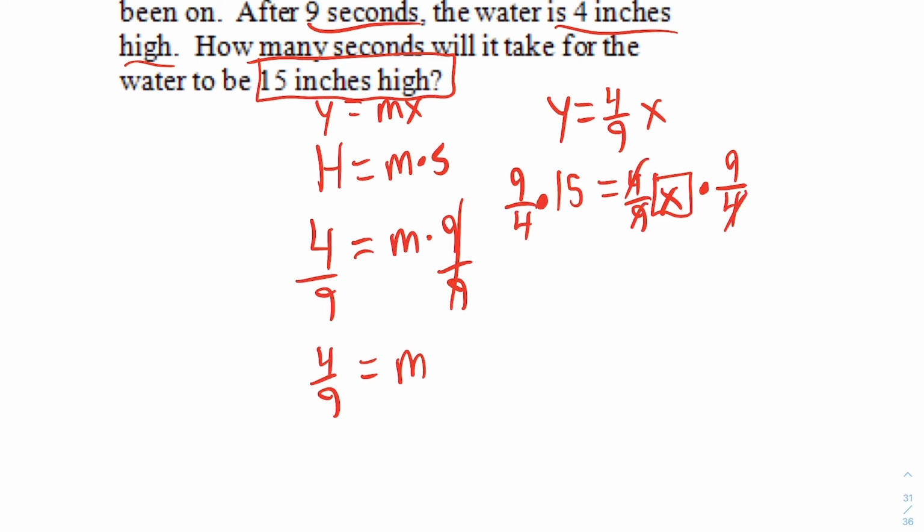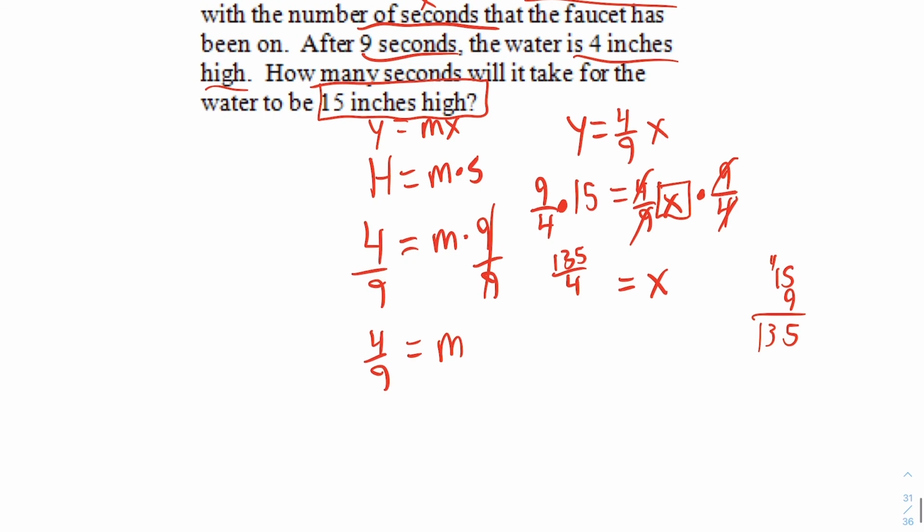The 4's cancel. The 9's cancel. X equals 9 times 15 divided by 4. Since 4 doesn't have anything in common with 15, you have to do 9 times 15 first and just see what happens. So 135 divided by 4.